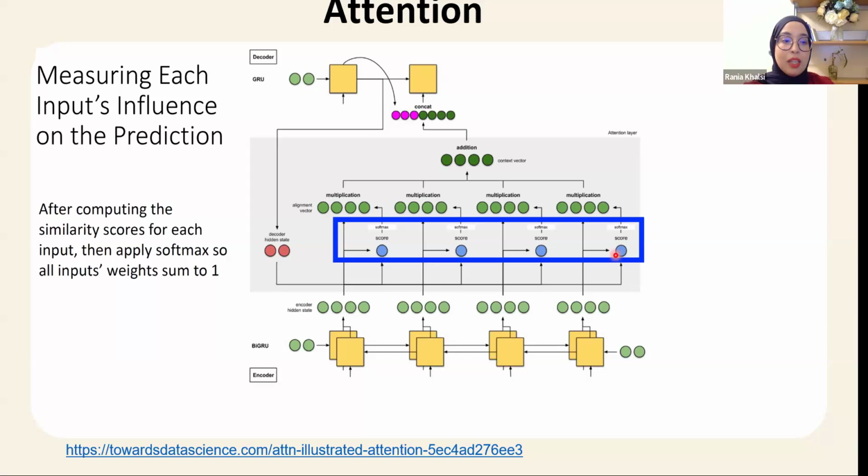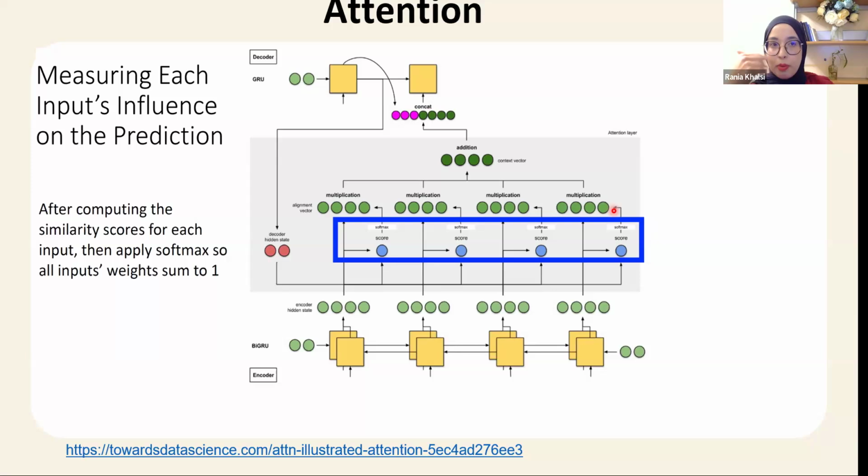This is why we apply the softmax activation function after computing these scores. From these scores, we are going to have probabilities, because softmax converts raw similarity values into proper probability values between 0 and 1 that we can interpret.